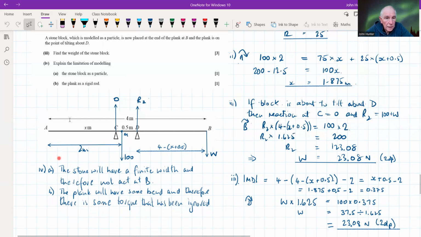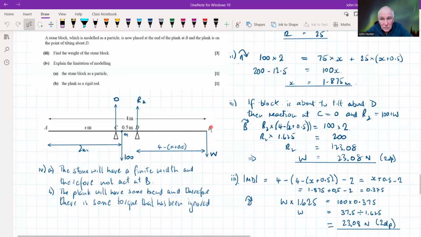Okay, so that is that. Part 4, explain the limitation of modeling the stone block as a particle. Well, in reality, it's going to be spread over a length here, and that's going to have an effect.